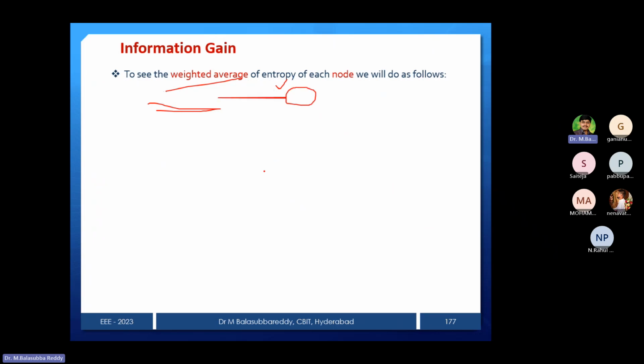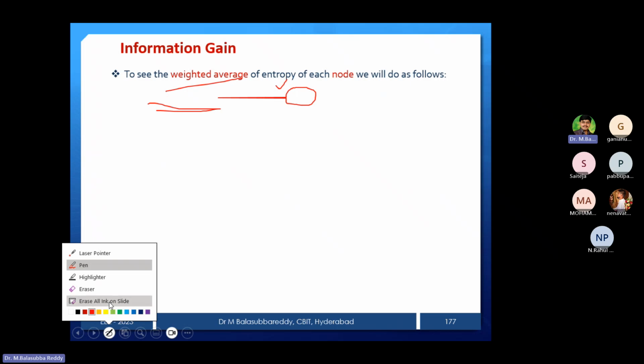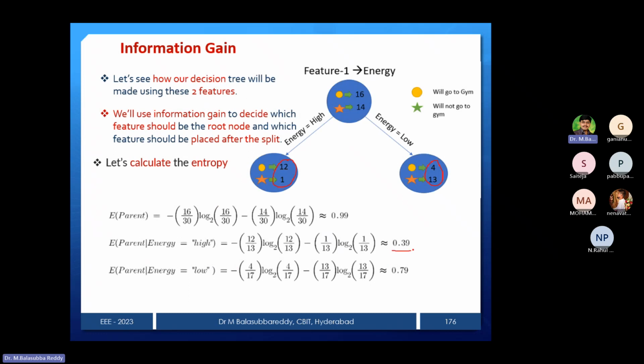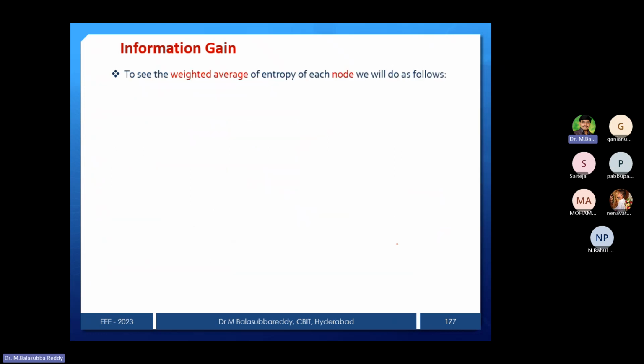You can see the formula I already gave previously. 0.39 is our entropy for high. Out of 30 we have only 13, so in the weighted average, 13 by 30 multiplied with 0.39.